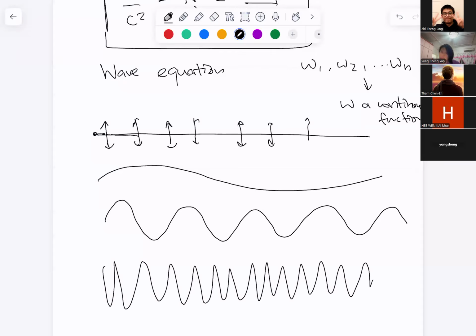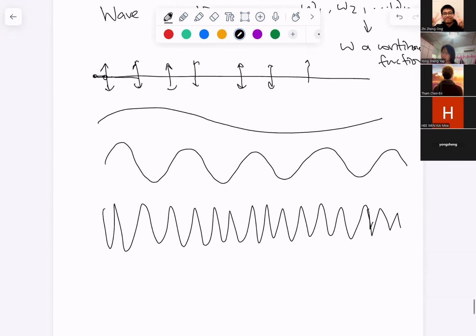So each point on this rope, these infinite oscillators, are oscillating at different frequencies, creating this thing. Remember that different frequencies can superpose onto each other.